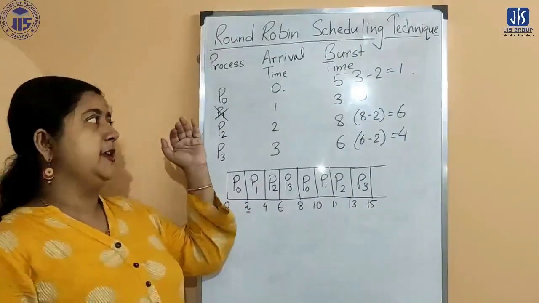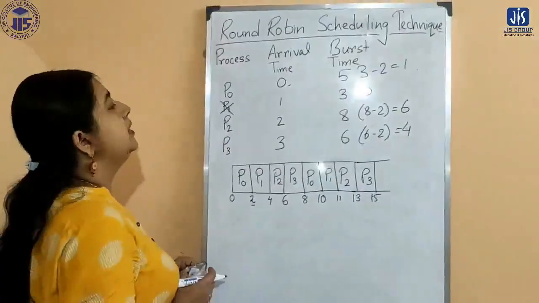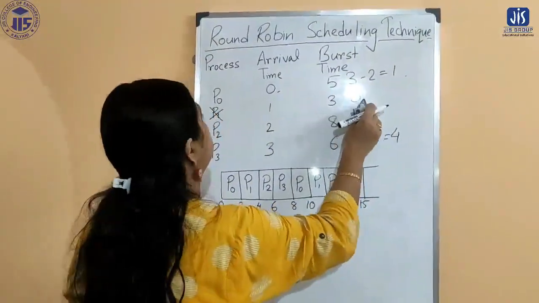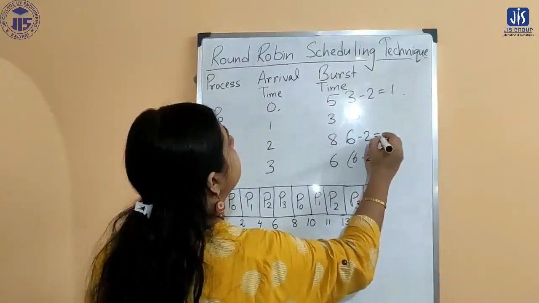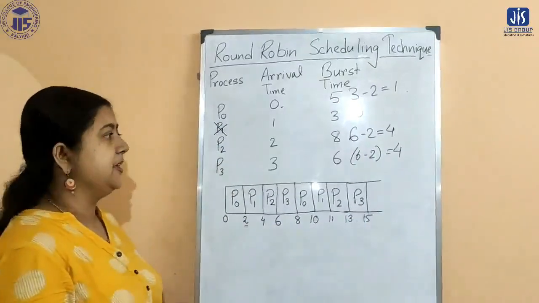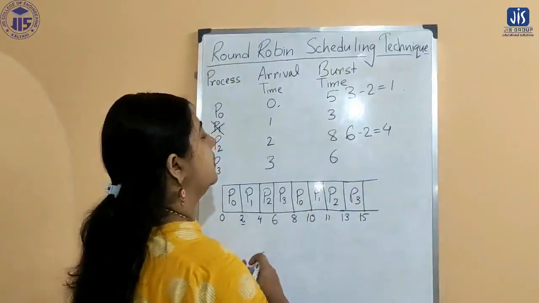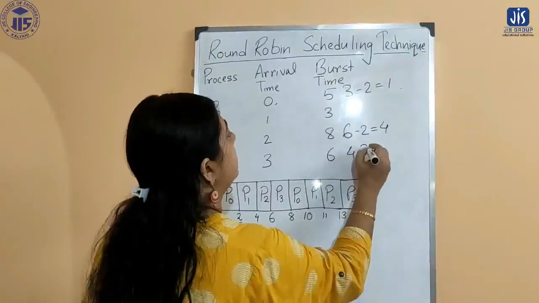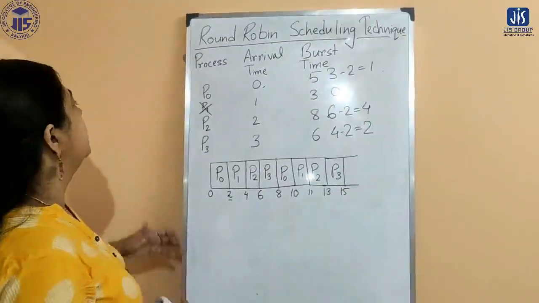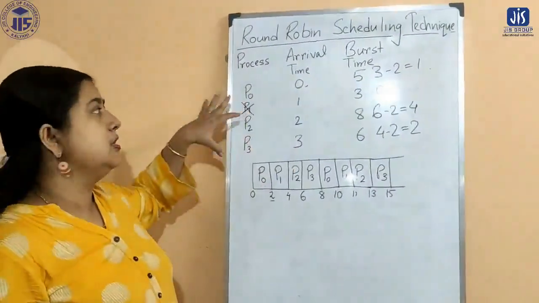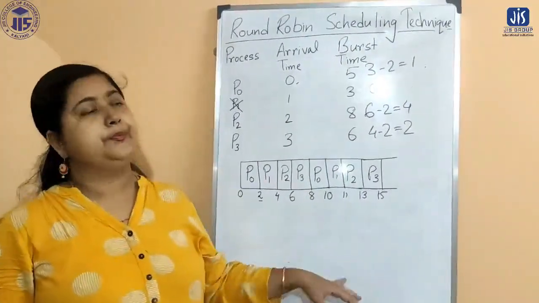That means for the next round, we are not going to consider P1. Now after that, for P2, 6 minus 2, that means 4 is my remaining time. And for P3, 4 minus 2, that means 2 is my remaining time. So this is the situation of the system after completion of the second round.